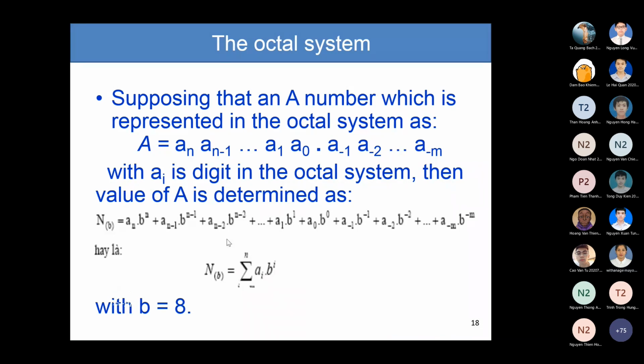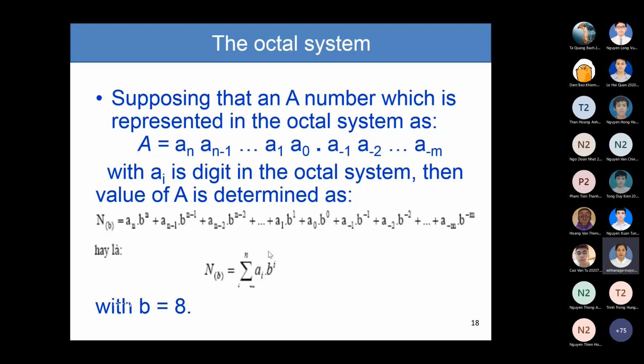The value of A equals the sum of a_i multiplied by b^i, in which i is the index and i runs from minus m until n.